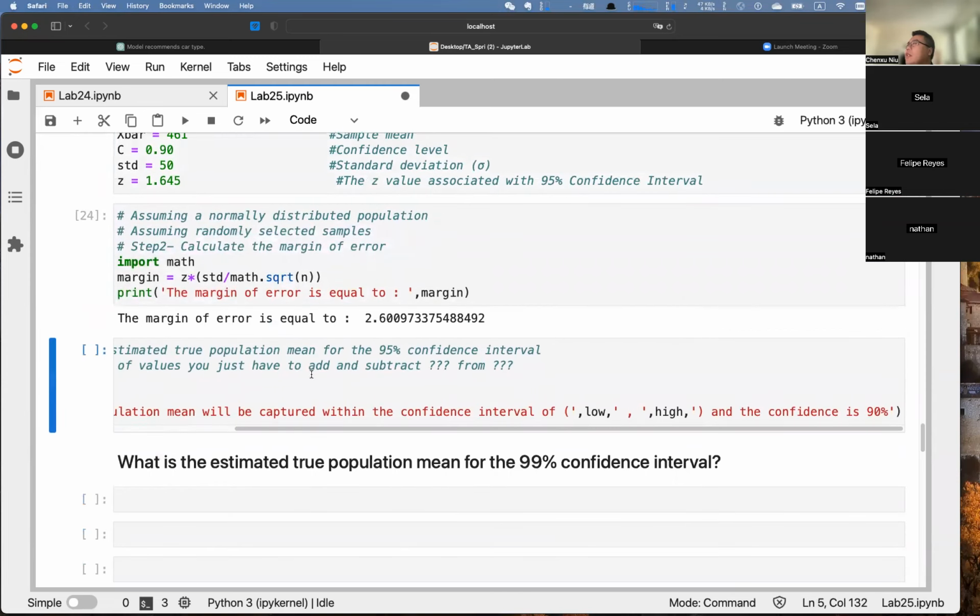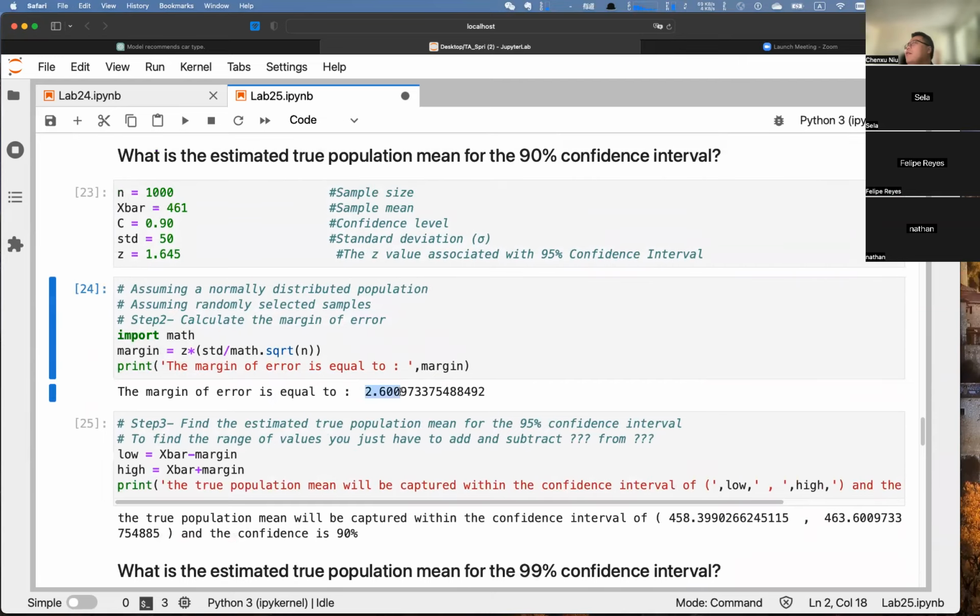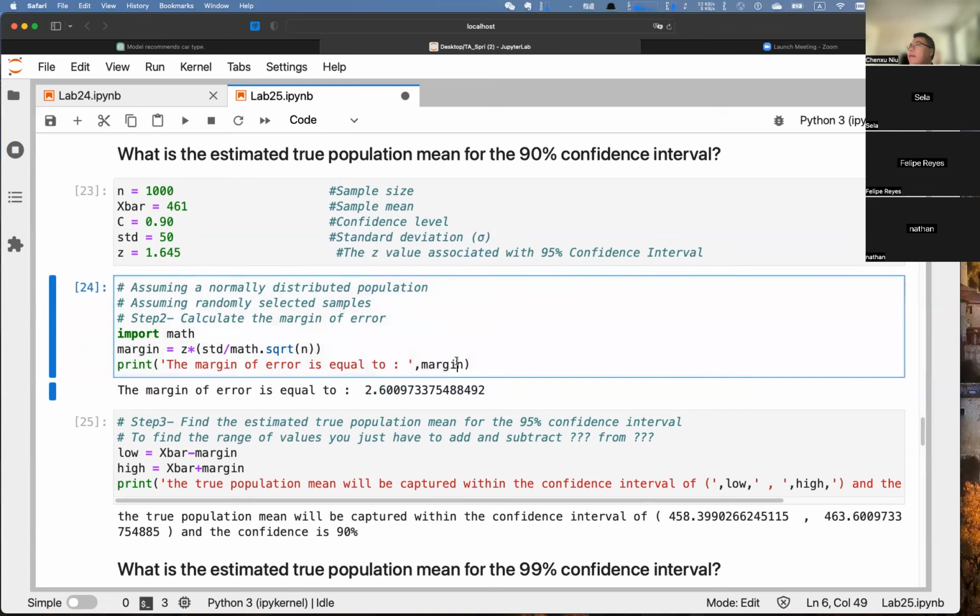You see the margin is very, very small, 2.6, because here you use the STD multiplied by the Z value. When the STD is only a half, 50 versus 100, the margin would be half of the original one. That's why this margin is so small.